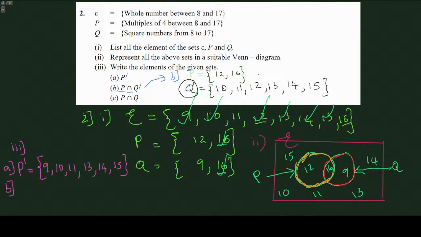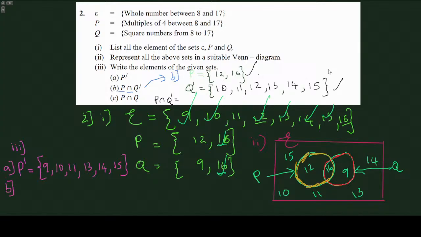Right. So now we are in a position to write what P intersection Q complement is. What does that mean? What does intersection mean? Common elements. The items that you see in both the sets P and Q complement. P is here, Q complement is here.